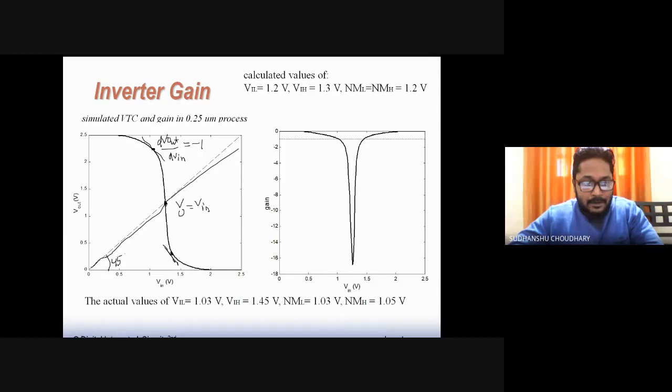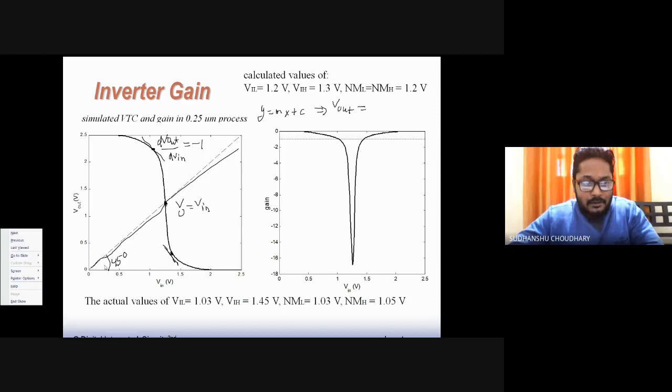In fact, this can be found easily from the VTC by simply writing the equation of the straight line. This is a straight line which is passing through the origin. So if I write the equation of a straight line, that would be y = mx + c. Here y is Vout, and m is tan 45.